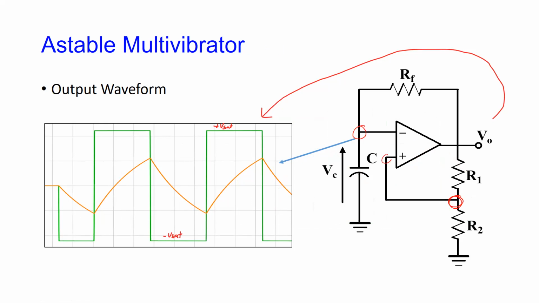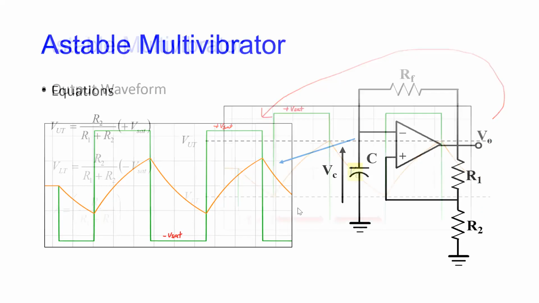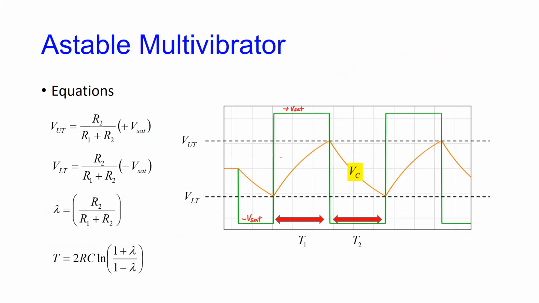This is here, and you know, well, V out times R2 over R1 plus R2, right? So you could shorthand and call that, in the notes, we called it lambda. So that sort of does it, the fractional feedback, if you like. And then the charging and discharging part of it, right? This is fairly easy.